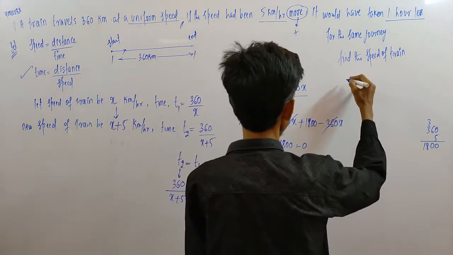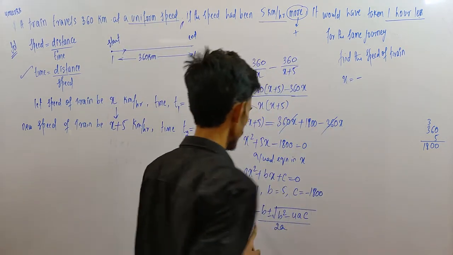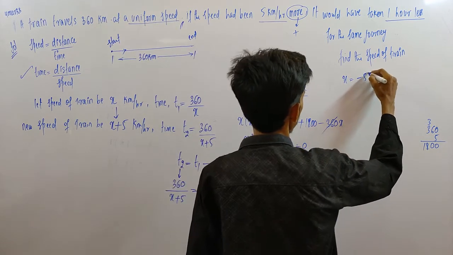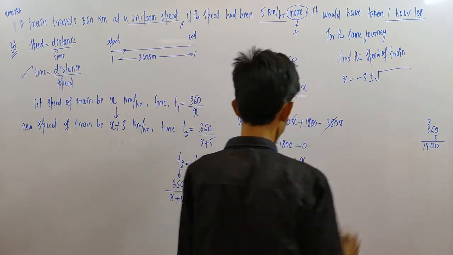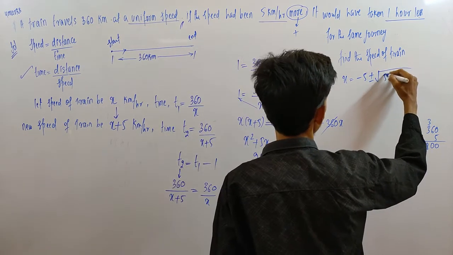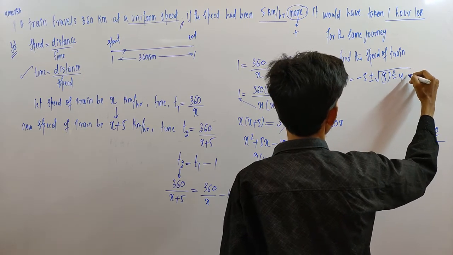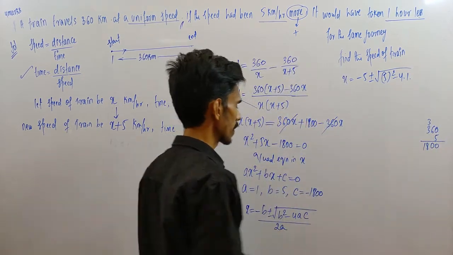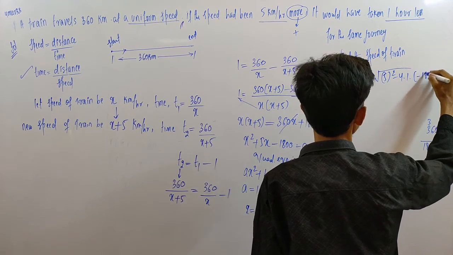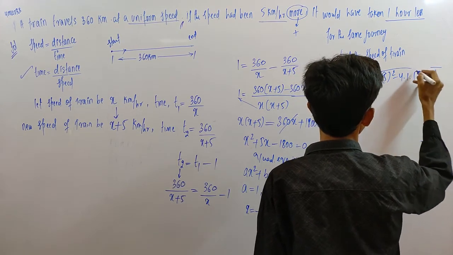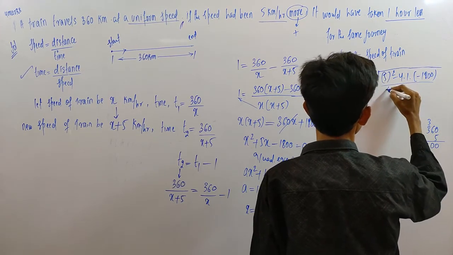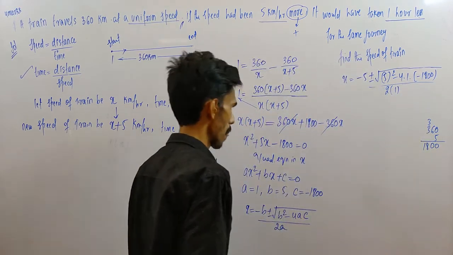Put this value here, we have x is equal to minus b, b square, a value 1, c value is minus 1800, divided by 2 into 1.